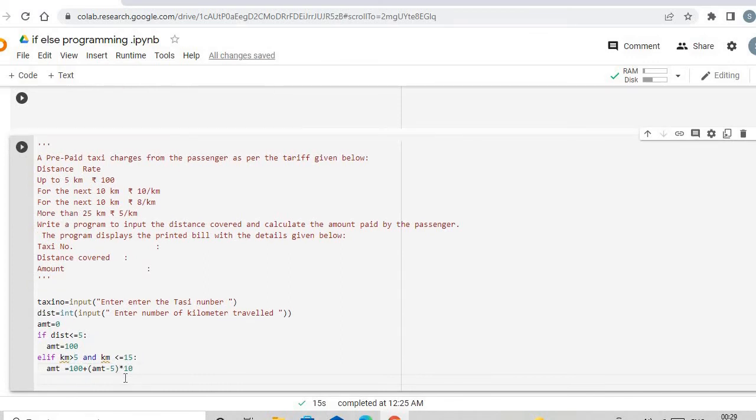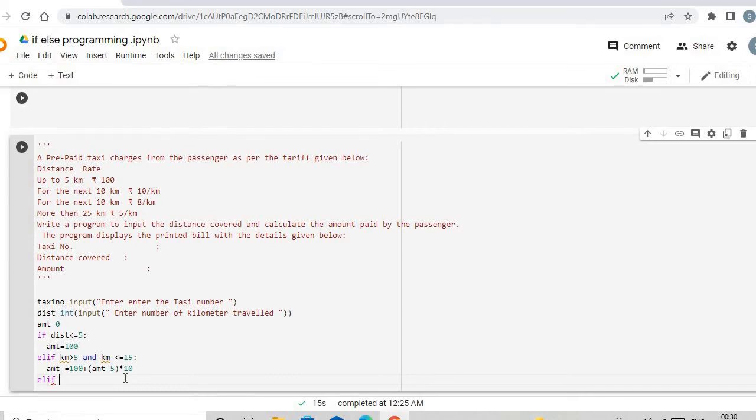Next, elif, not elsif. Elsif is generally used in other programming languages, not in Python. Now for the next 10 kilometers. How many kilometers have we already calculated? 15, up to 15.